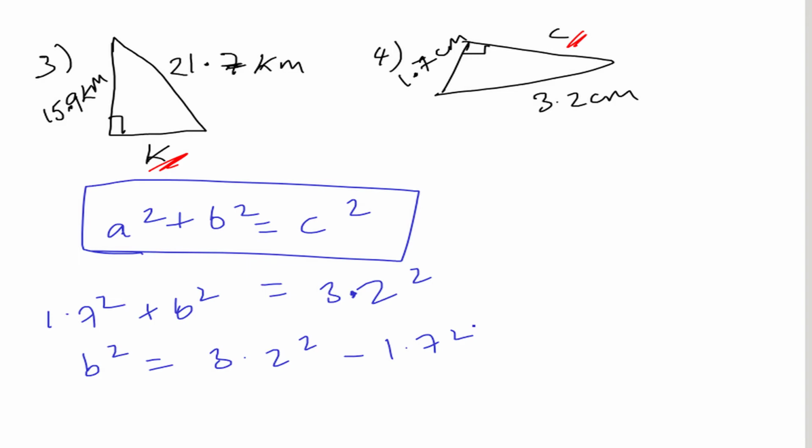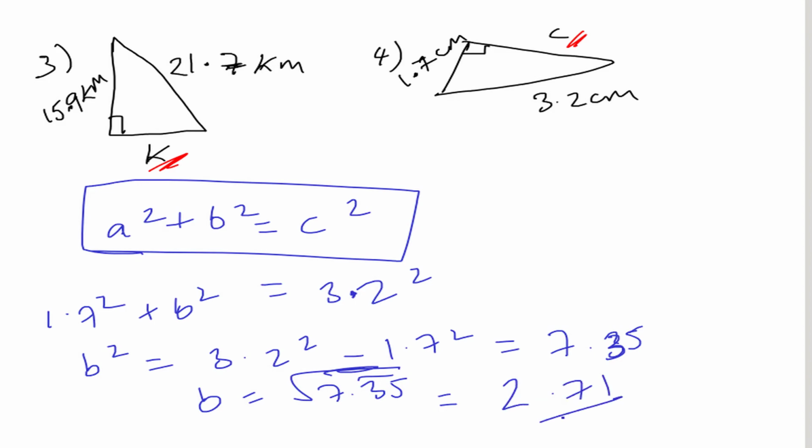Get a calculator out. That comes down to roughly 7.35. So b is the square root of 7.35, which is roughly, to 2 decimal places, 2.71. So c is 2.71.